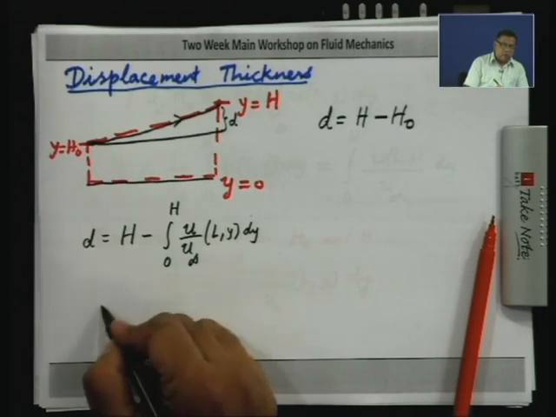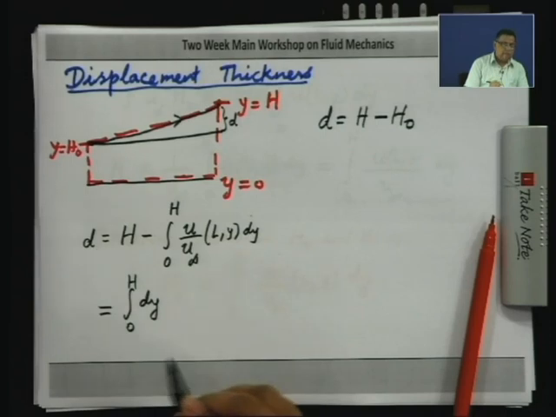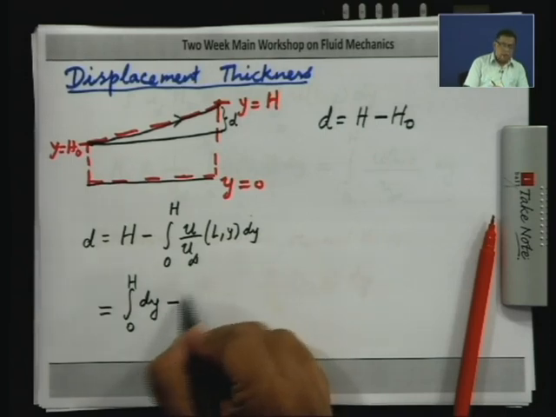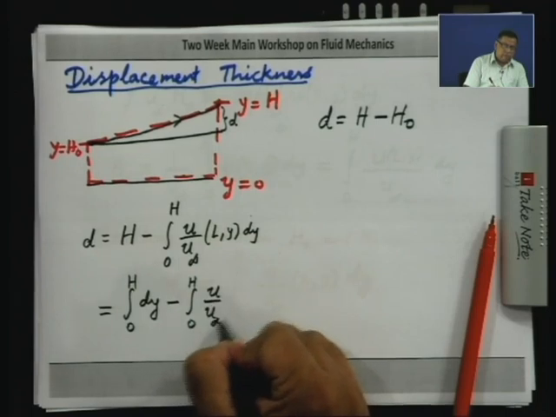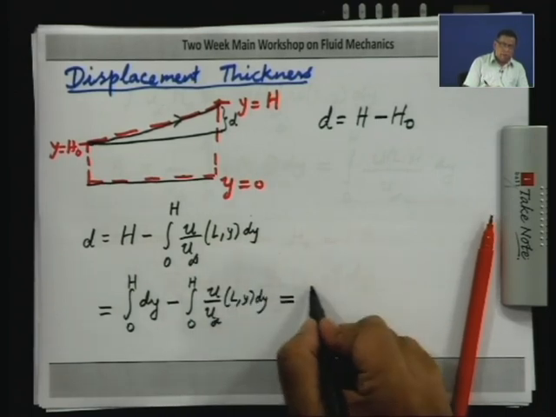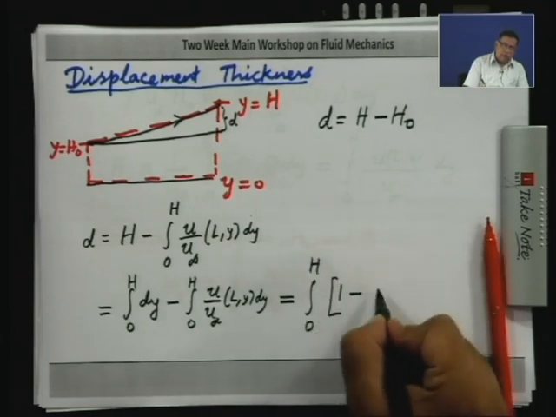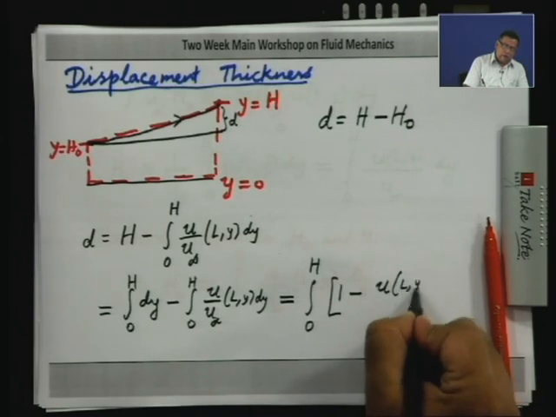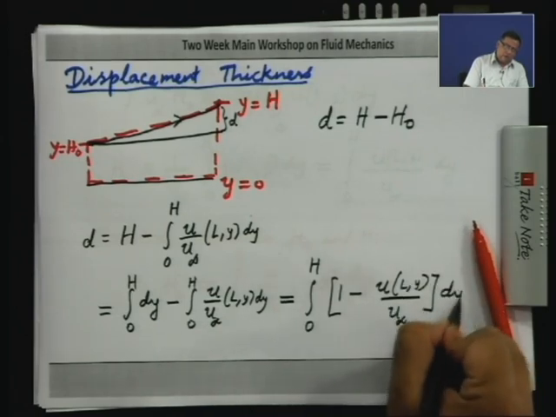Now, h I can write as integral 0 to h dy, and this I leave as it is, u by u infinity as a function of y, dy. Now, I can club it together and write it as integral 0 to h 1 minus u of y by u infinity dy.